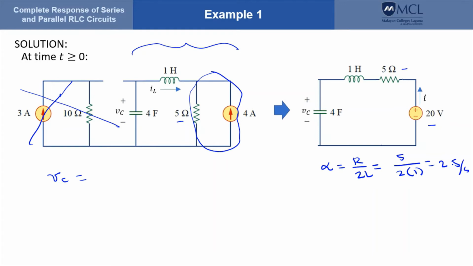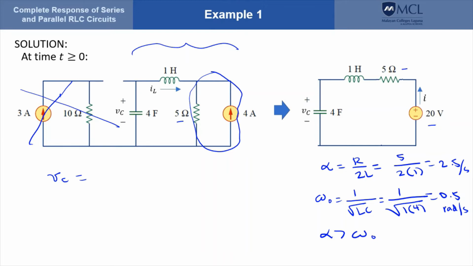So the unit there is per second. For omega naught, this is equal to 1 over square root of LC, and that should give us 1 over square root of 1 times 4, which is 0.5 rad per second. As you can see, alpha is greater than omega naught, and this will tell us that we are in the overdamped case.